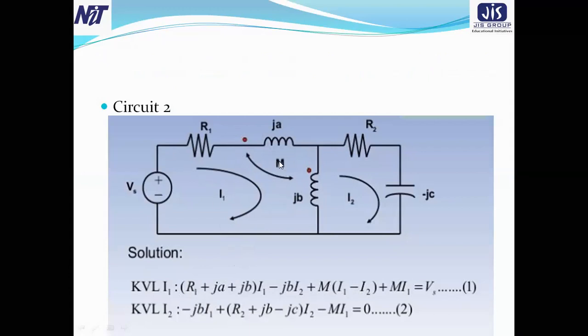So (R1 + jωLA + jωLB) I1 − jωLB I2, no problem with this opposite direction current, plus M, the same position, so plus M (I1 − I2), I1 is coming from upward, I2 is going downward, plus M I1, that equals Vs. And for the second loop: −jωLB I1, no problem, I1 is in the opposite direction, and I2 (R2 + jωLB − jωLC) − M I1 = 0.